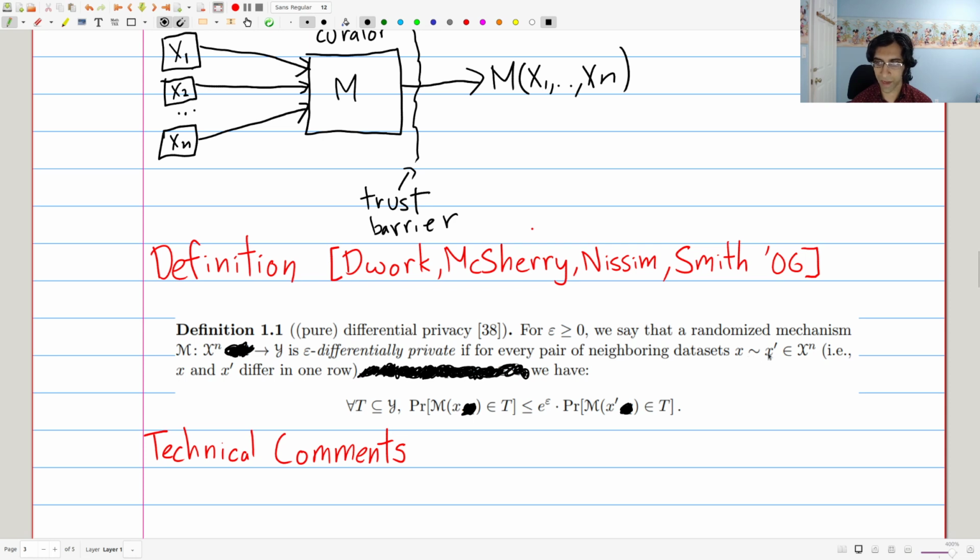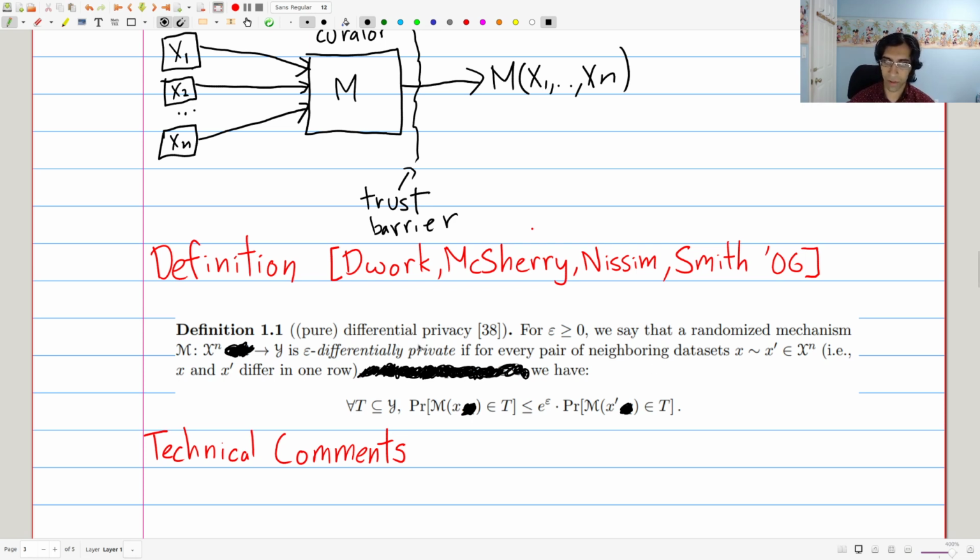What does it mean for them to be neighboring? They differ in exactly one row. This is what I said, where if an individual's data was changed, then that's a neighboring data set. A neighboring data set is one where you have a data set and a single individual's data was changed, and that's now a new data set which is neighboring.